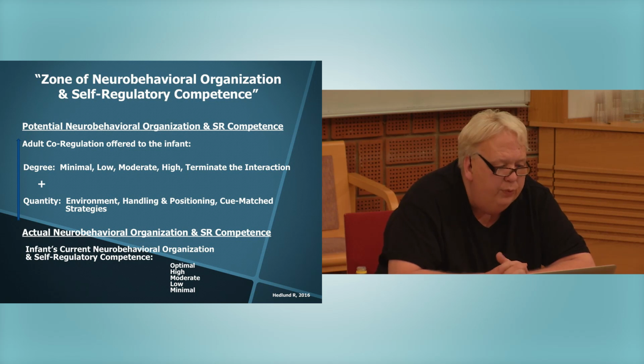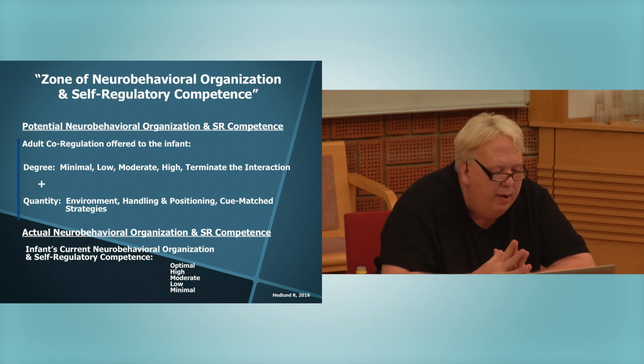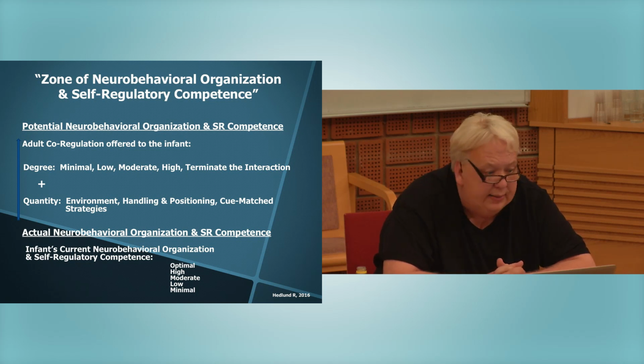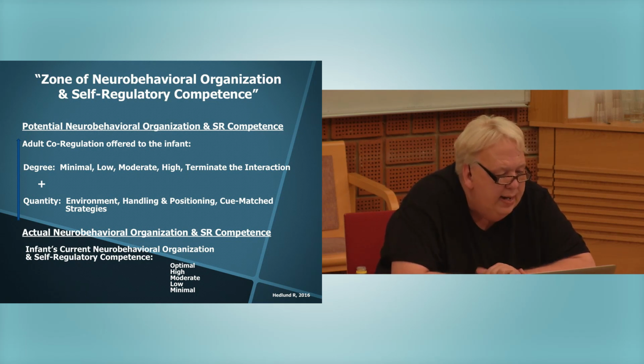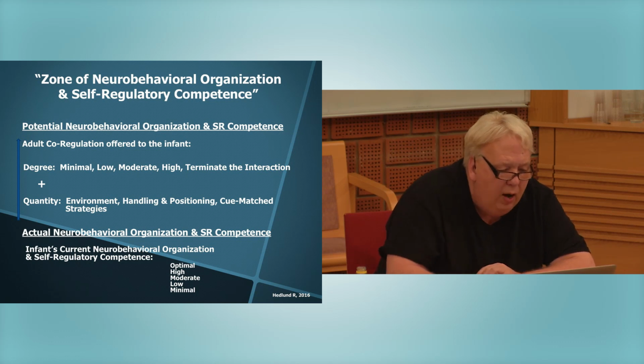So we took this and developed what we call the zone of neurobehavioral organization and self-regulatory competence. Down here is the infant's current neurobehavioral organization and self-regulatory competence. Is it optimal, high, moderate, low, or minimal?